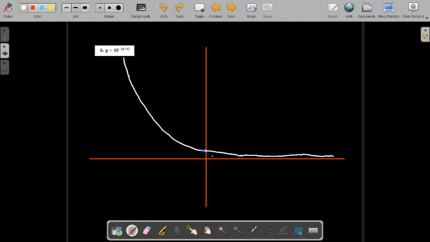Again, just need to work out what our intercepts are. So at y equals 0, and we're just solving for x now.